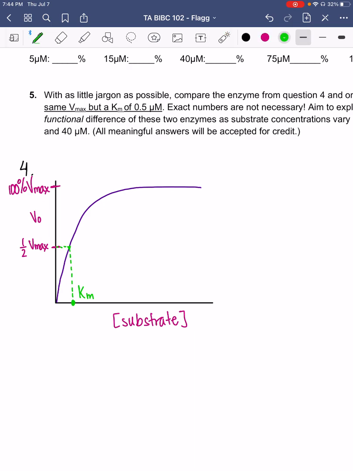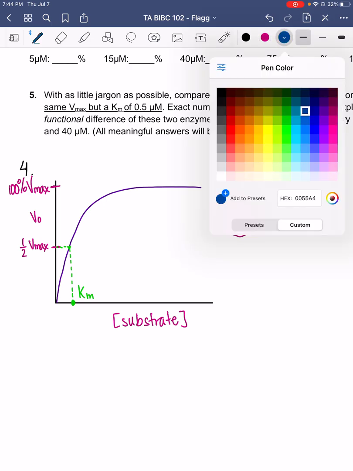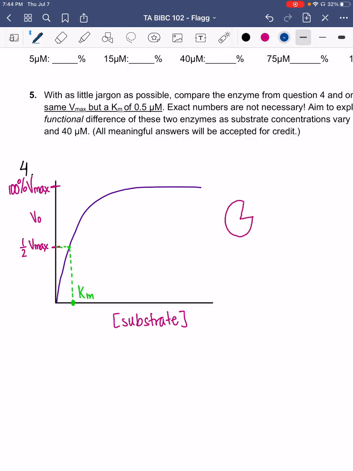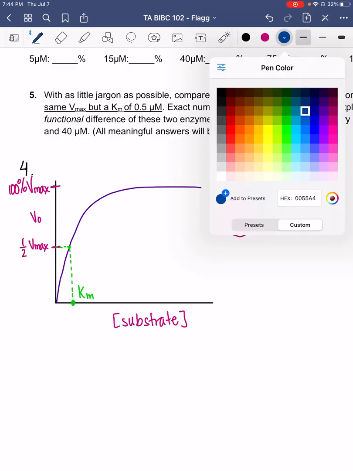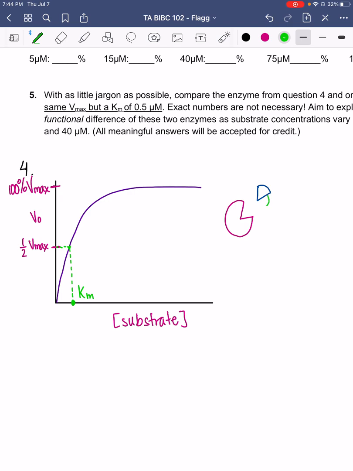So let's say we have an enzyme, it has this little active site triangle, and its substrate is going to look just like the active site, and it's going to want to go and get tucked into this active site, nice and firm.